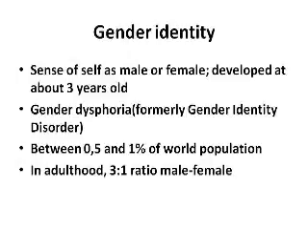It is estimated that between 0.5 and 1% of the world population suffer from gender dysphoria. So that's the epidemiology of gender dysphoria. In adulthood, this varies because someone may have a gender identity or gender dysphoria during their childhood, but they may eventually overcome it.